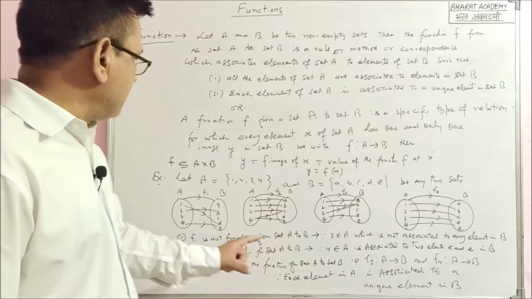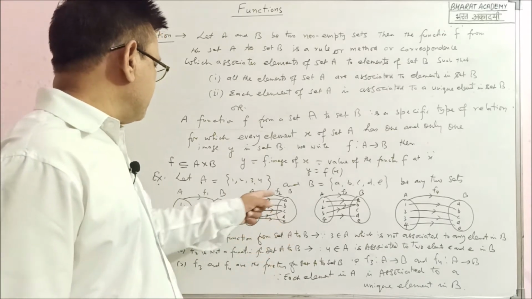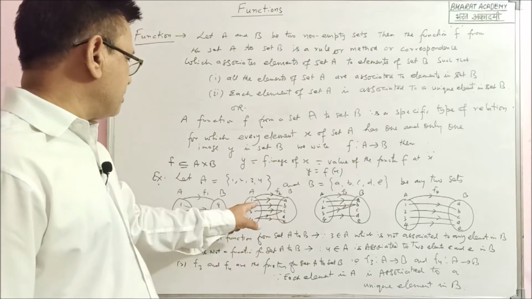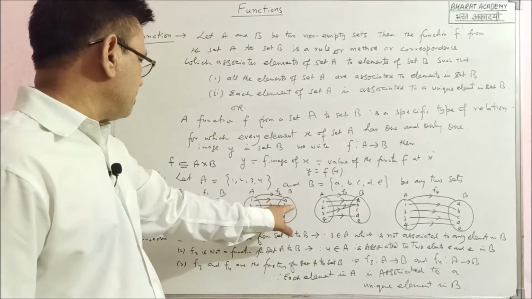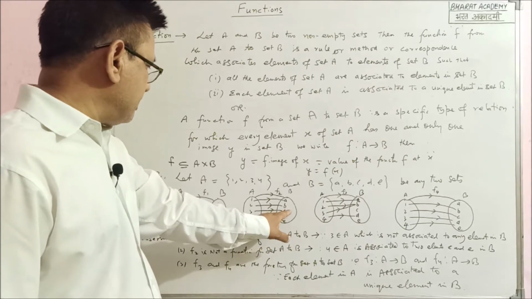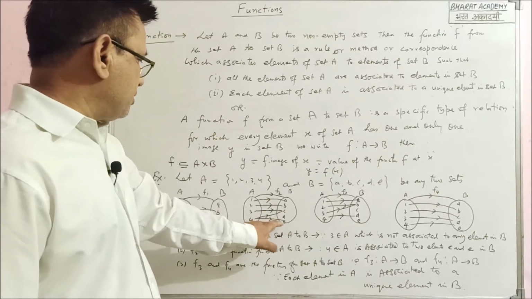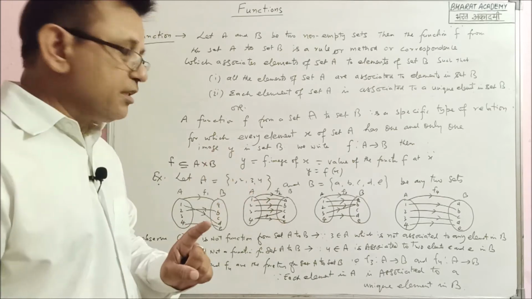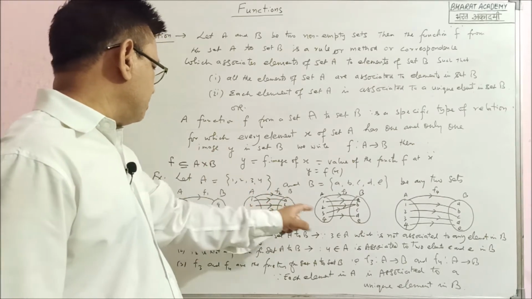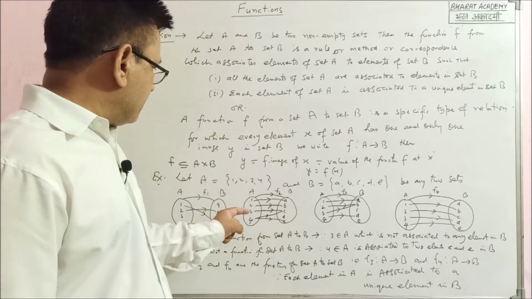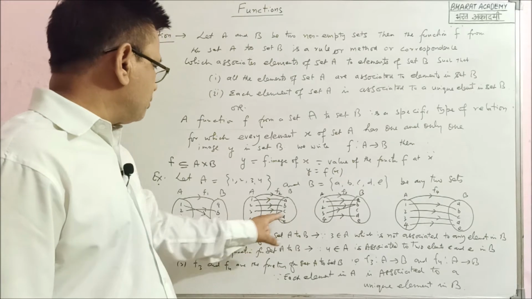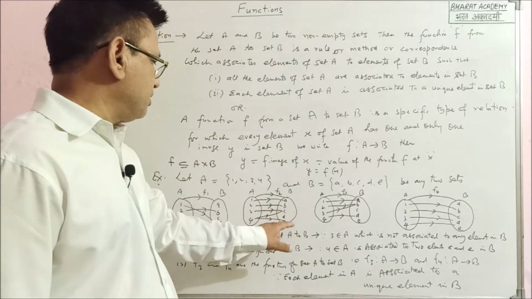Similarly, another example, suppose this is f2 from A to B, defined like this: 1 is associated to a, 2 is associated to b, 3 is associated to c, 4 is associated to c again, and 4 is associated to e. Again in this case, 1 is associated to a, it's okay. 2 is associated to b, this is okay. 3 is associated to c, it's again okay. But 4 is associated to c and 4 is associated to e.